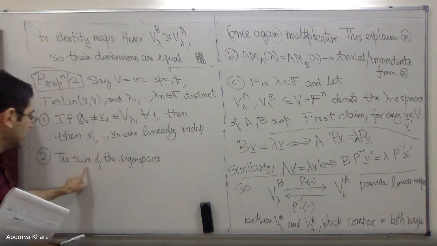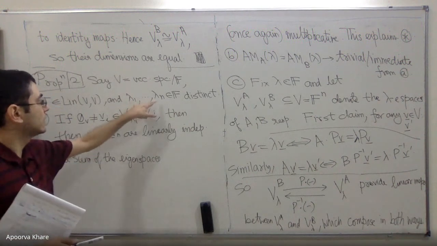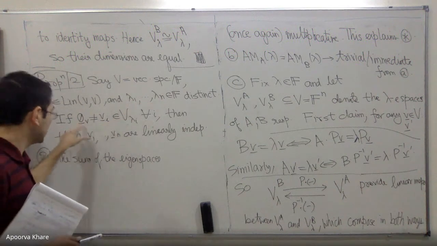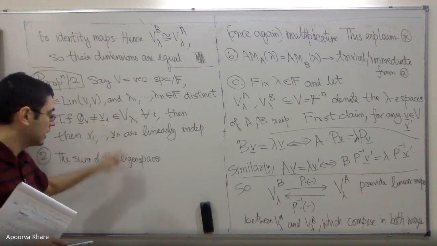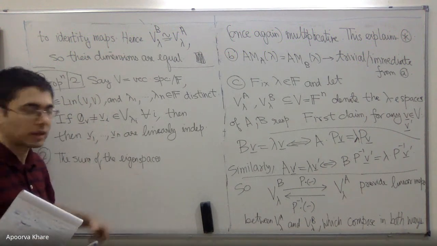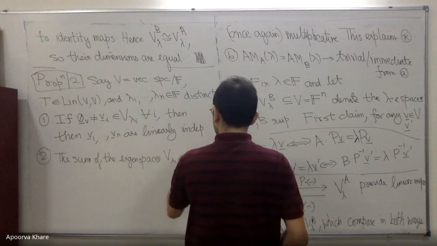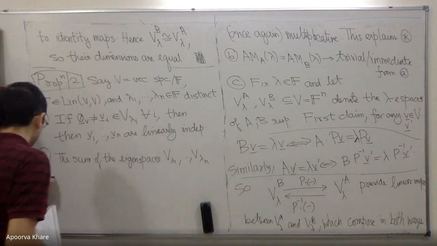And similarly here, in part 1 I am assuming this is an eigenvalue and this is a non-zero eigenvector. In this part, I am not assuming that. The sum of the eigenspaces V lambda 1, V lambda 2, ..., V lambda n, which may be 0, is direct.